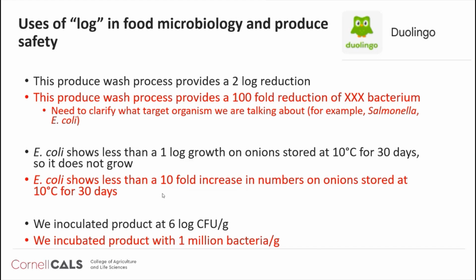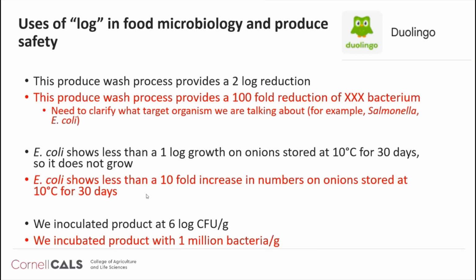The paradigm has always been that a 1 log or less increase in numbers is so small and relatively within variability that it's not a big deal. However, on the scale where we do produce processing and distribution, it can matter. And when we say we inoculate a product at 6 log CFU per gram, it means we inoculated with 1 million bacteria per gram. Probably the easiest one to translate.